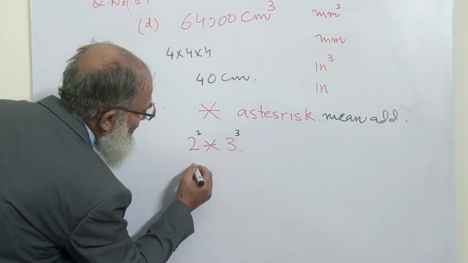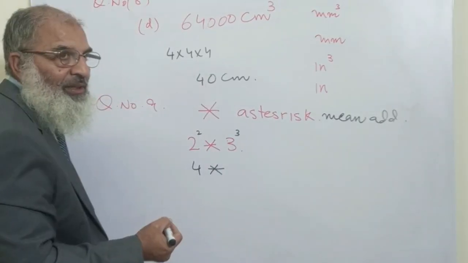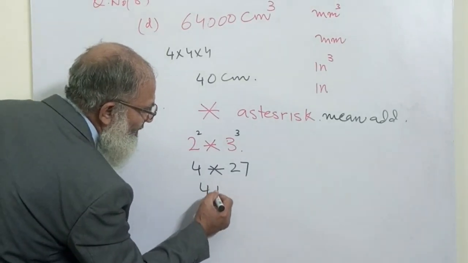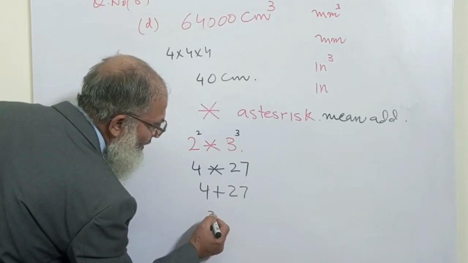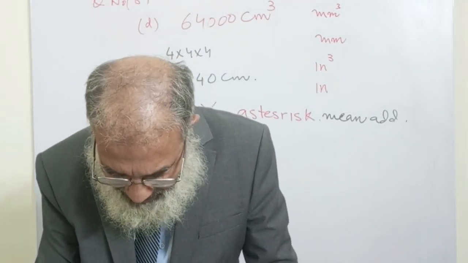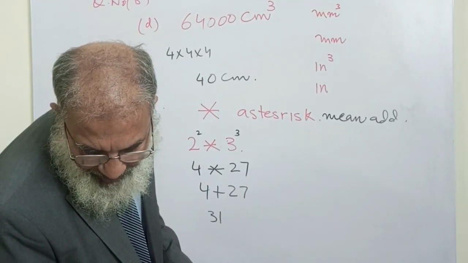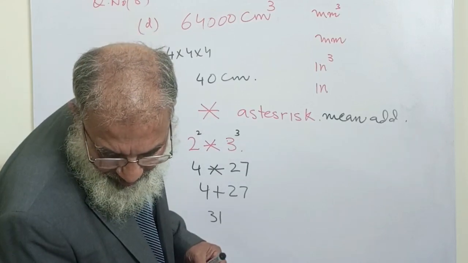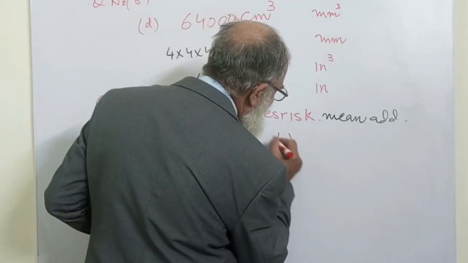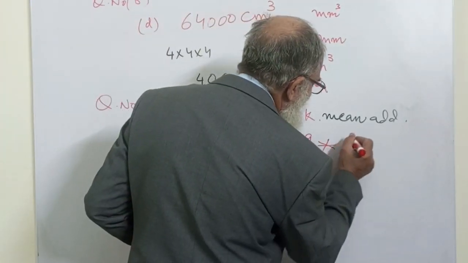So what we do is 4 asterisk 3 cube: 3 times 9 is 27, and we have to add this, so it becomes 31. The answer is 31. Rest of all questions are similar. Let me solve another question for you, and that is part number H. Part H says 9 asterisk 1.